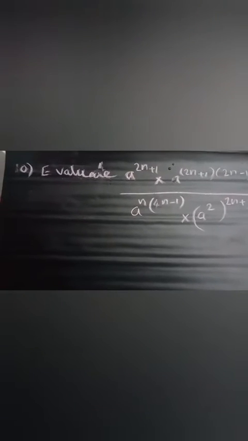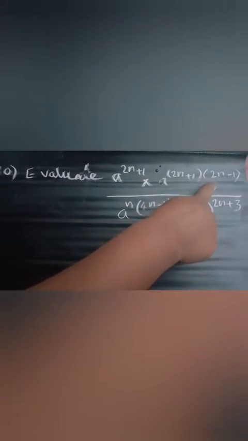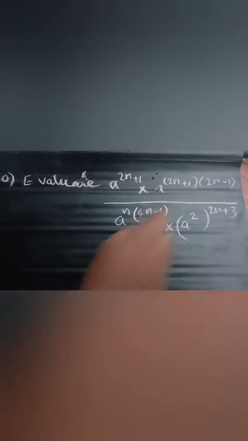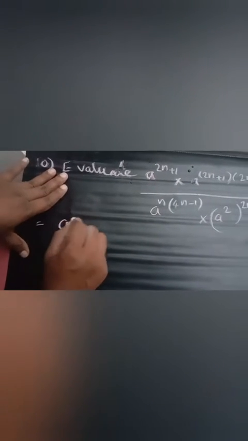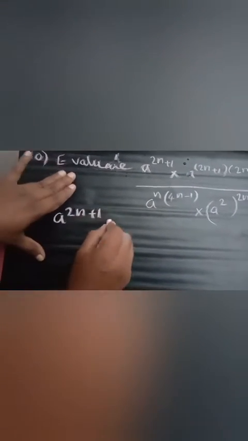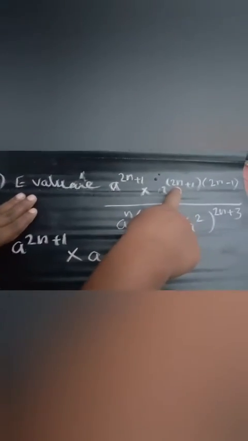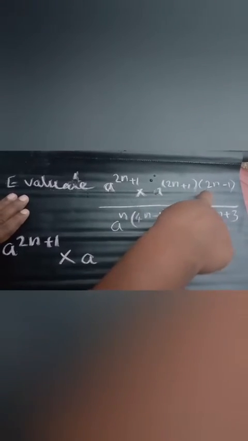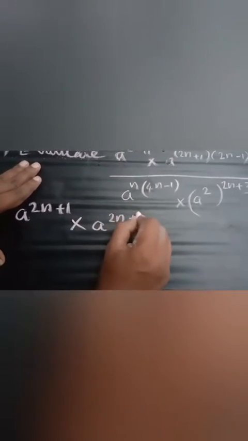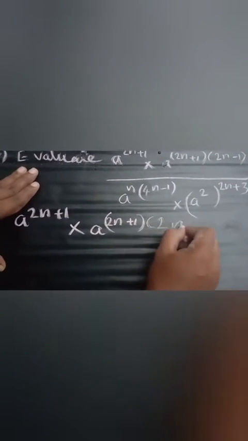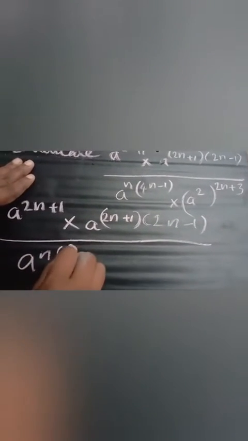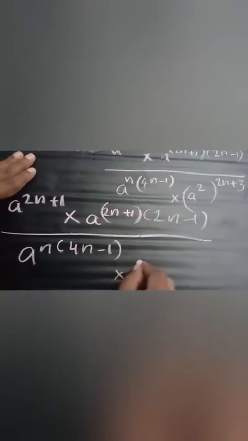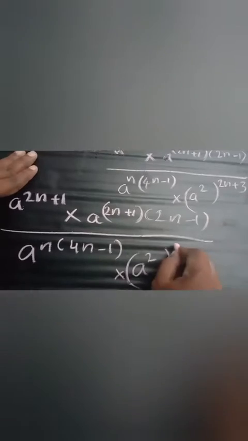Here a raised to 2n plus 1 into 2n minus 1 is in the a raised to m into n form, so we can multiply that, which is equal to a raised to 2n plus 1 into 2n minus 1 divided by a raised to n into 4n minus 1 into a square whole raised to 2n plus 3.